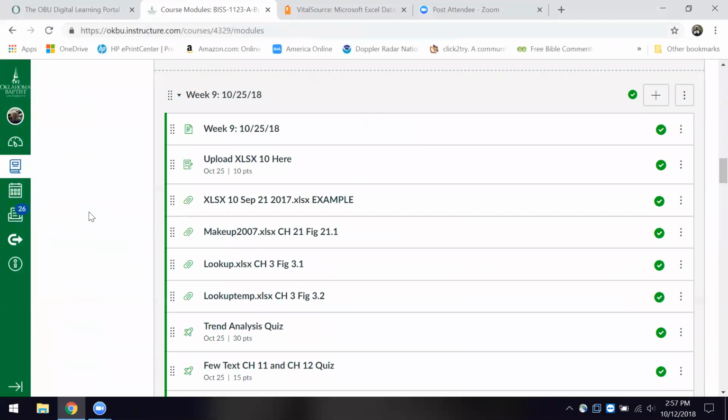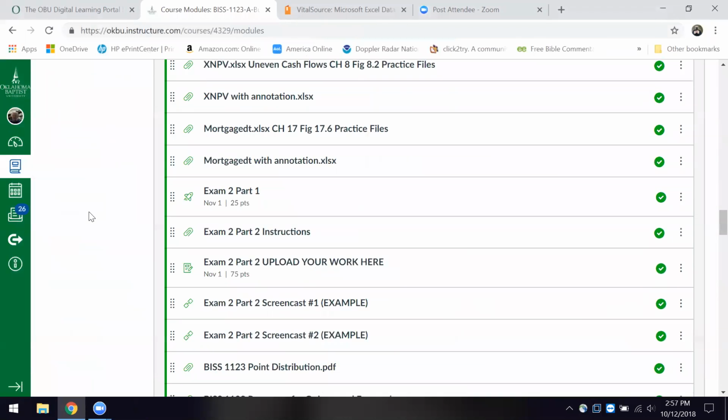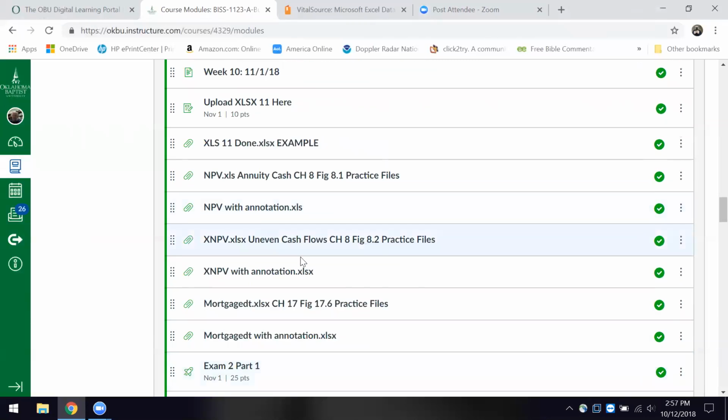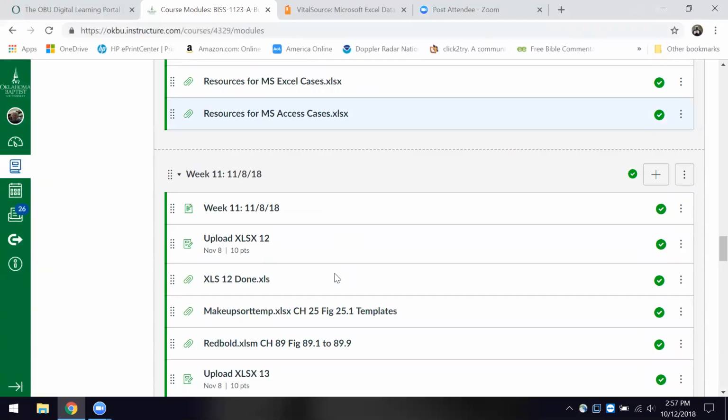And again, we've been working ahead so that we can get to the Access cases, and then I can give you some flex time to work on projects, work on your finals, that type of thing. So we've done down to XLS 11, and we're working ahead on those, okay?